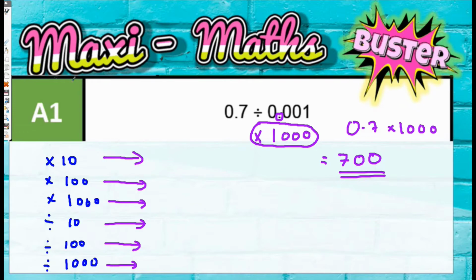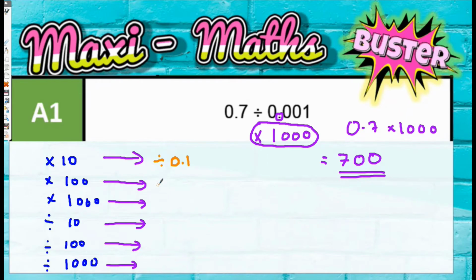Whilst we're still on this question there, we might as well just talk about what the other similar questions could be. So timesing by 10 would be the same as dividing by the flipped round digits version of that with a decimal point in. So if you flip 10 round, it'd be 0, 1 and put the point in. So timesing by 10 is the same answer as dividing by 0.1.